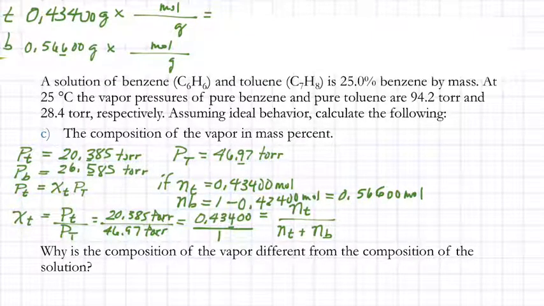So benzene was 92.134 and toluene was 78.108. So grams cancel, we end up with moles. 0.434 divided by 78.10. What did I do? You see what I did?